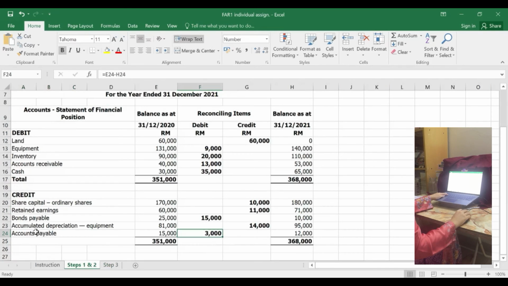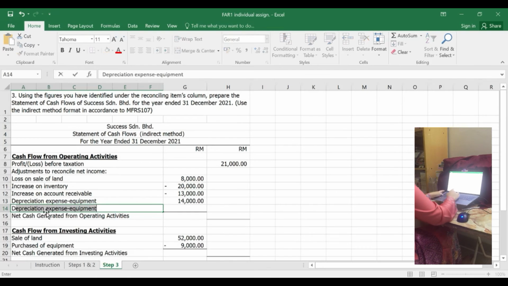As for the decreasement on account payable that is also under operating activities, we have to put in the amount of 3,000.